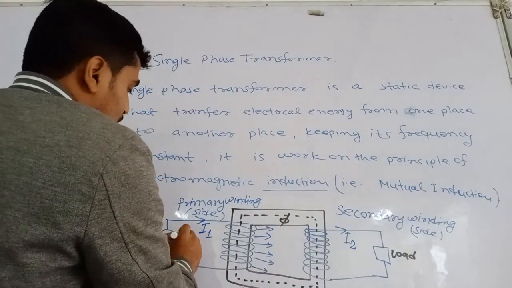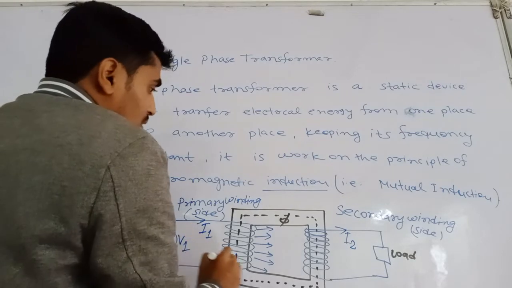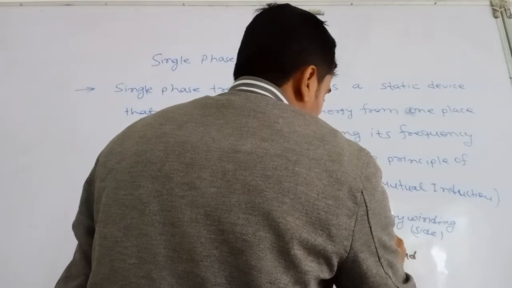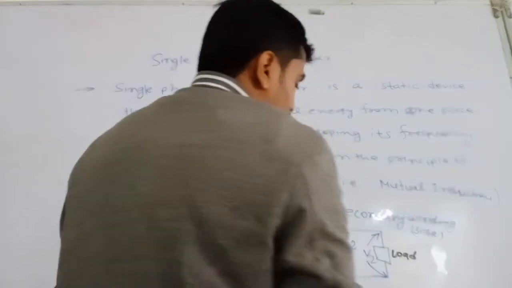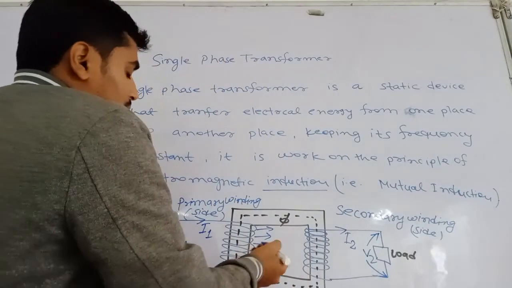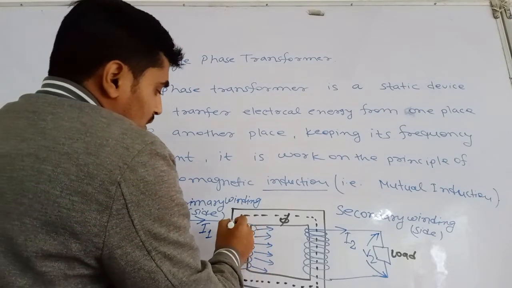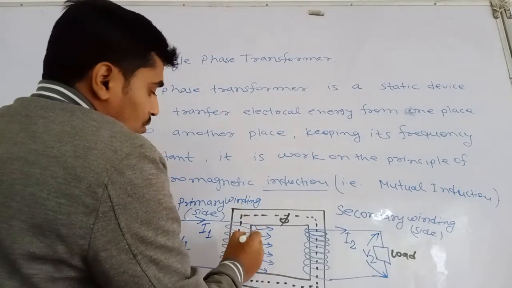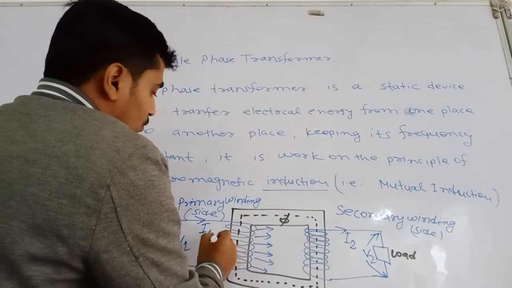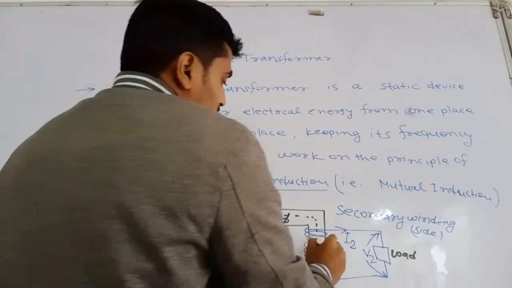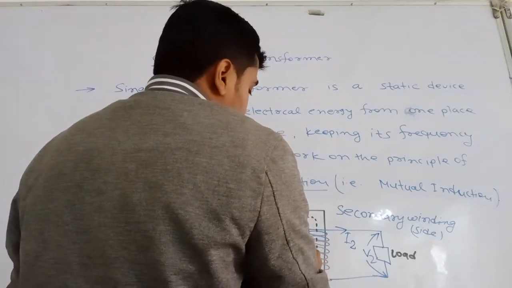If the primary voltage is V1, then the secondary voltage will be V2. V2 will be the load voltage or terminal voltage. We also explained the number of turns wound in this coil. If I consider N1 on the primary side, then the number of turns on the secondary side will be N2.